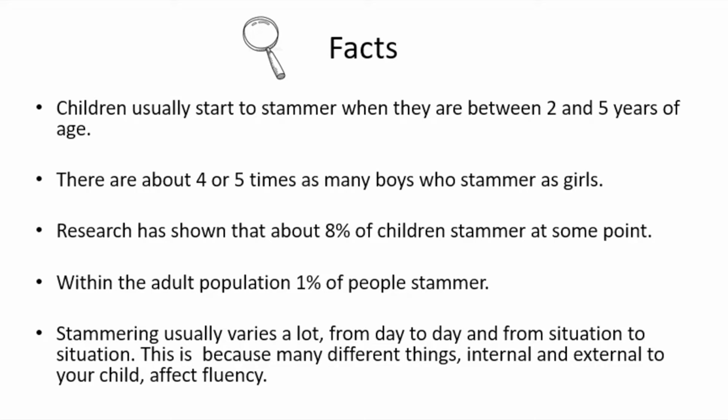Children are starting to use longer words and speaking in sentences, and it means that there's a lot more load on the child's still developing speech motor and language system at that time. Stammering can start later than that. It can start gradually or it can start suddenly, but generally what we see is that it begins between about 2 and 5 years of age.